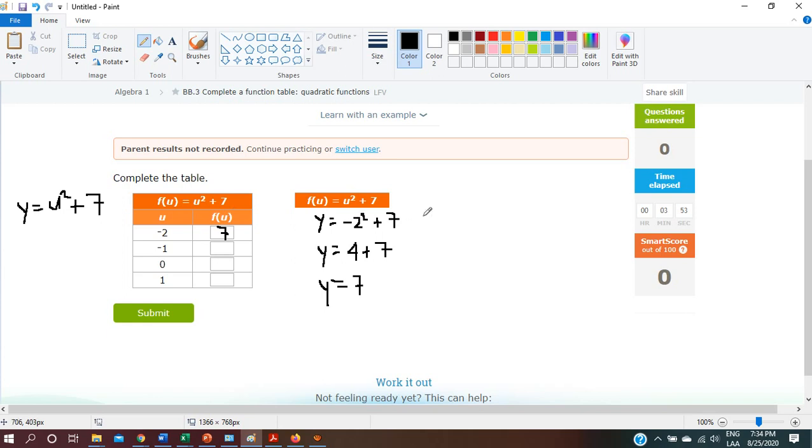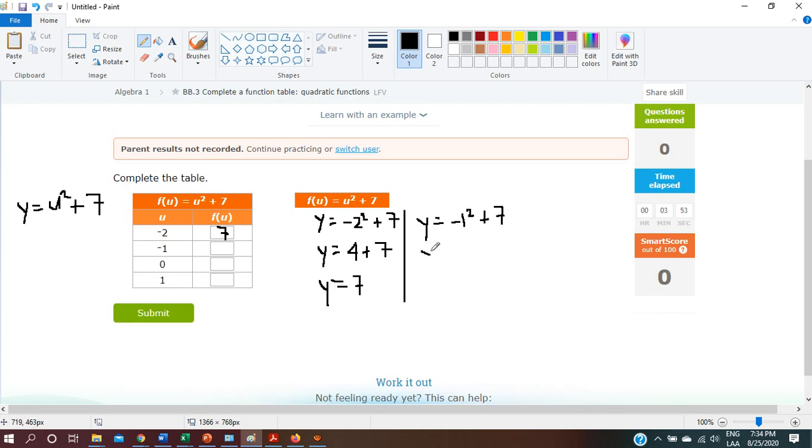Now let's go for the other one. Now y equals u squared plus 7, and u equals -1. -1 squared plus 7.